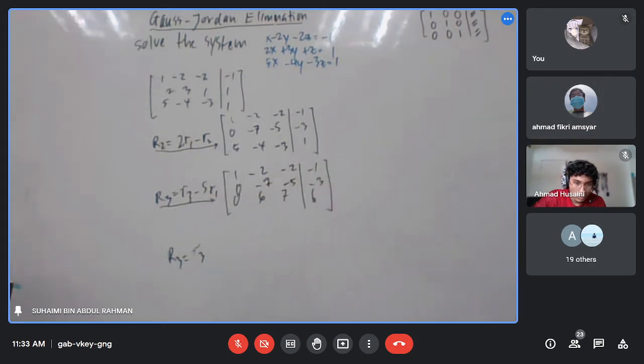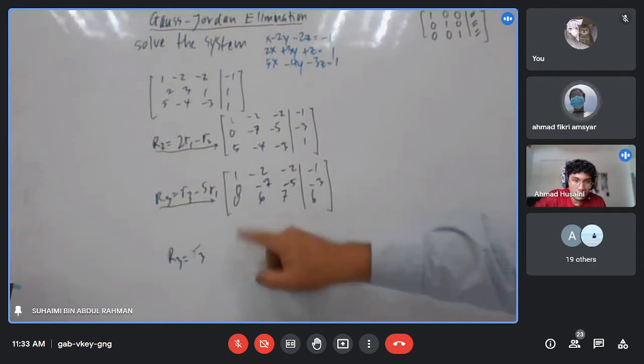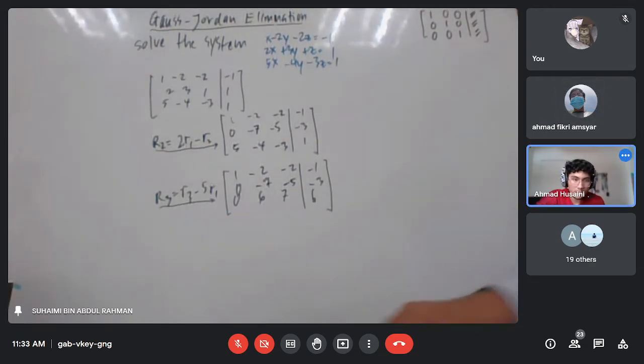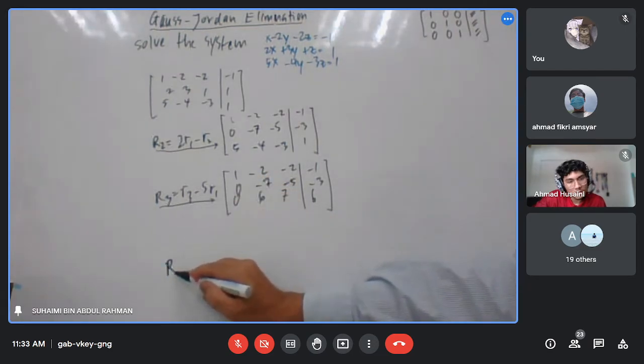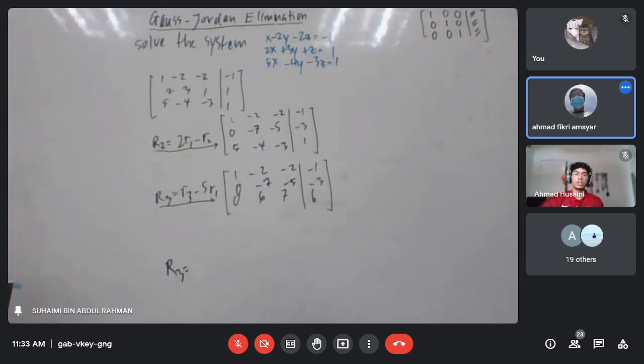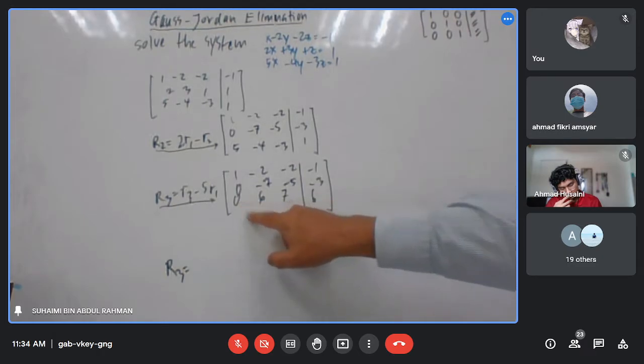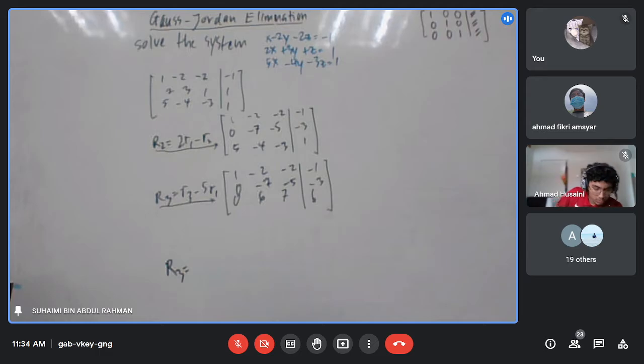No, cannot, because it will affect the 0 here. If you put R3 plus 3R1, maybe it becomes 0 there, but here it will be affected.